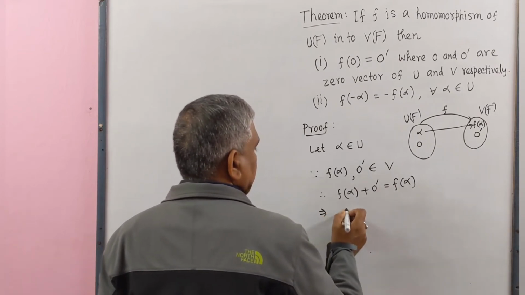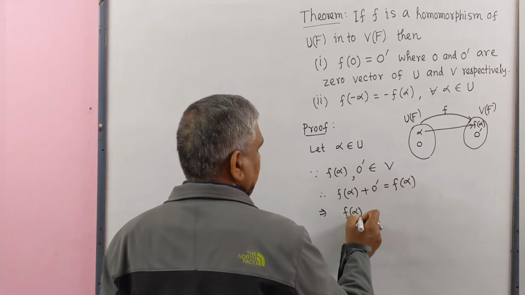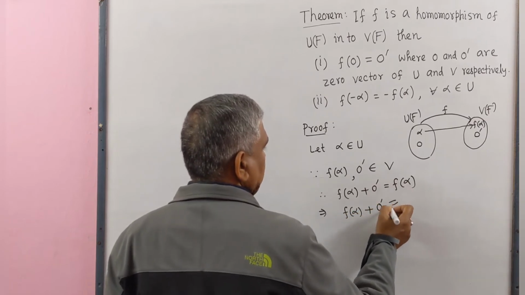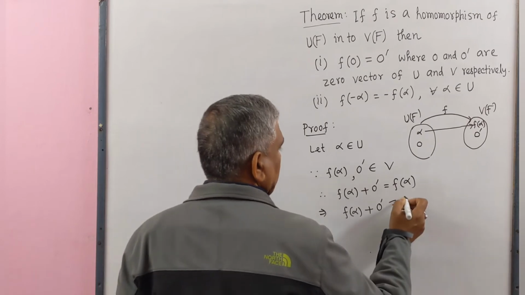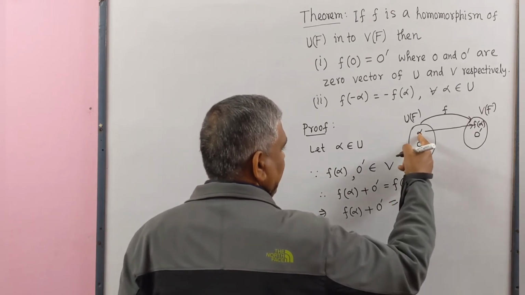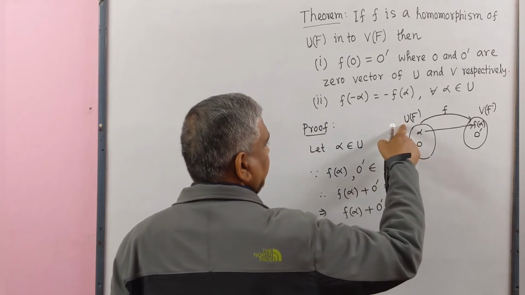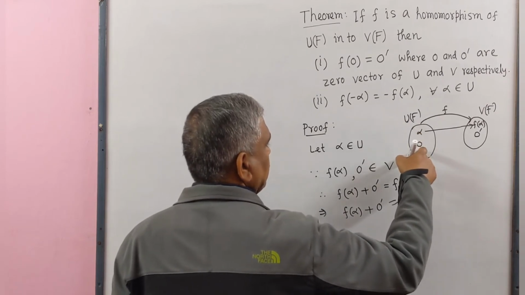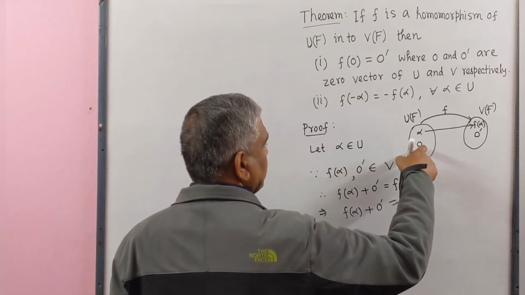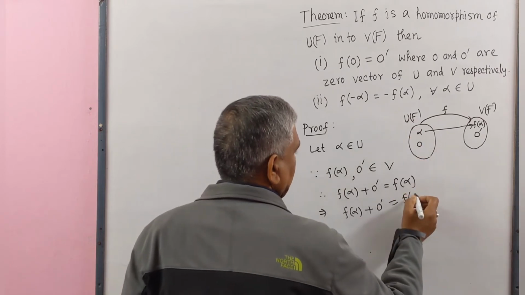This implies that F(alpha) plus 0 prime equals F(alpha plus 0), here alpha is an element of U and 0 is the zero element of U, so alpha plus 0 is alpha.